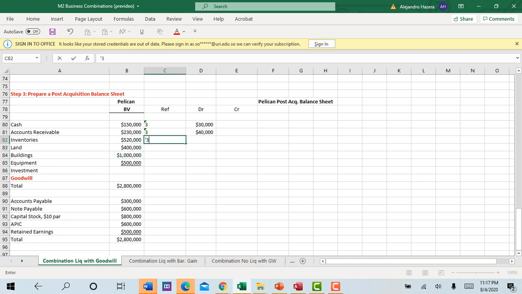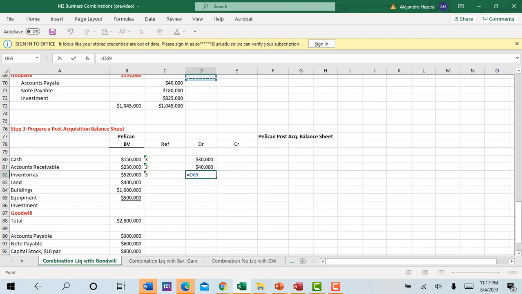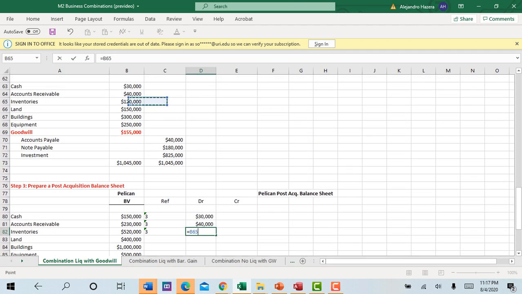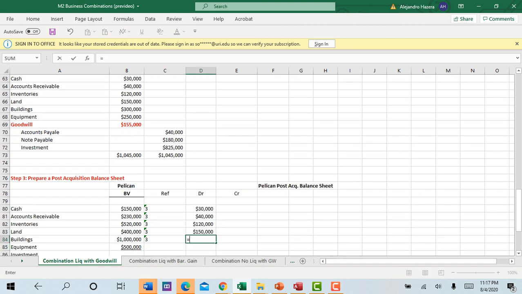Okay, then entry 3 here too. There should be a debit here to inventories for 120,000. Then there should be a debit to land for 150. There is still entry number 3. There should be a debit to buildings for $300,000.